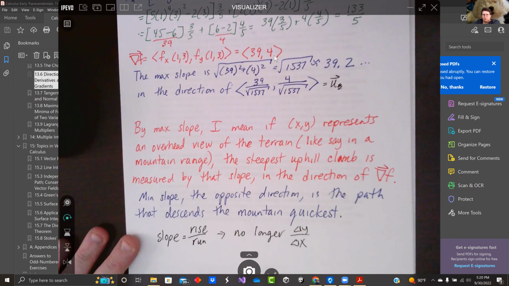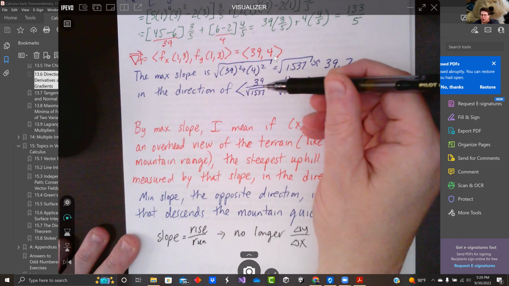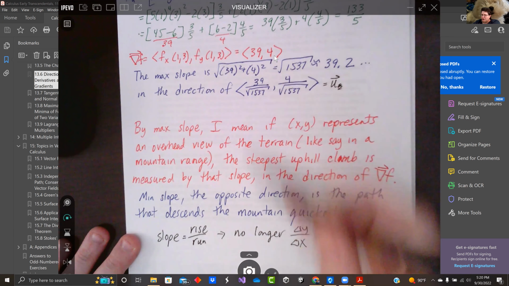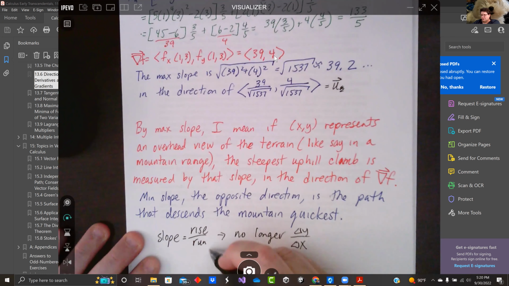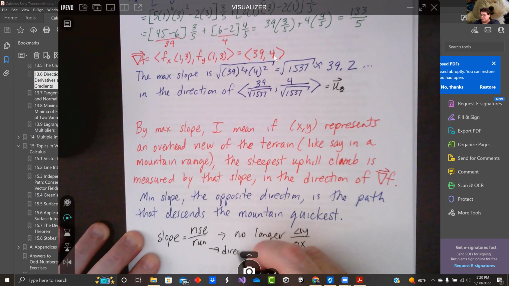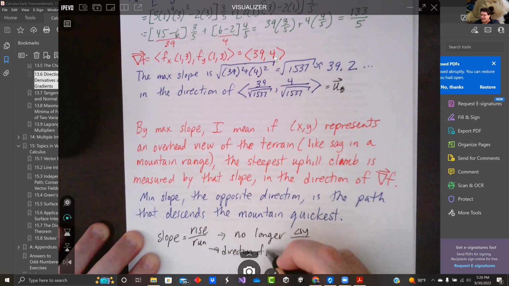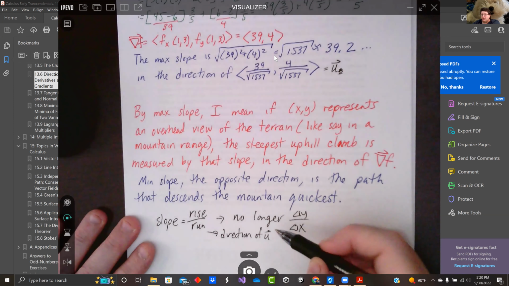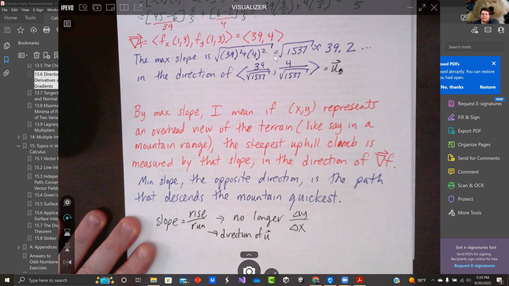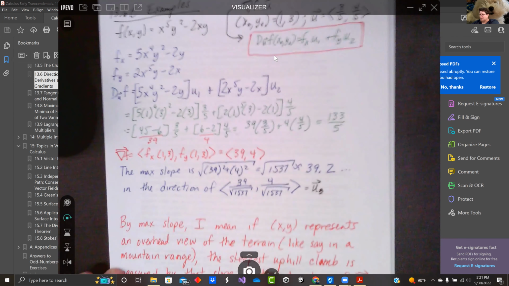So when the slope is really high, every step we go forward along that path, along the direction of u, our increase in height or contour line, as we'll see in the next section, is that slope. Okay, let's take a look at another example.